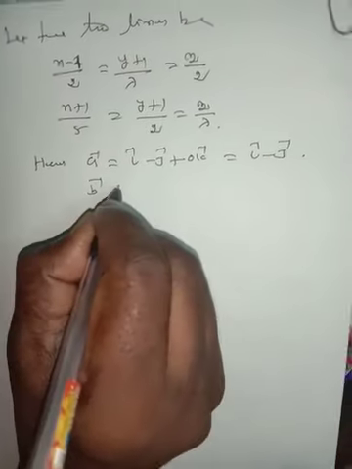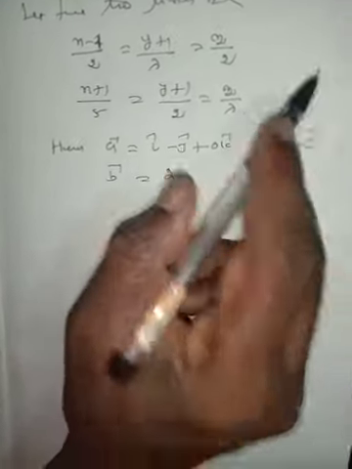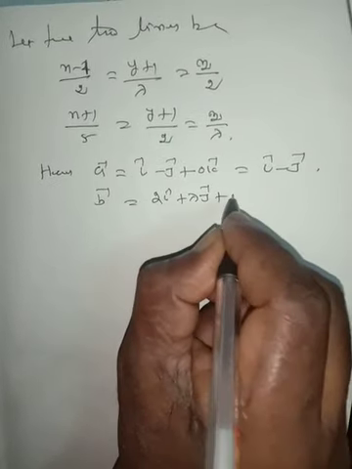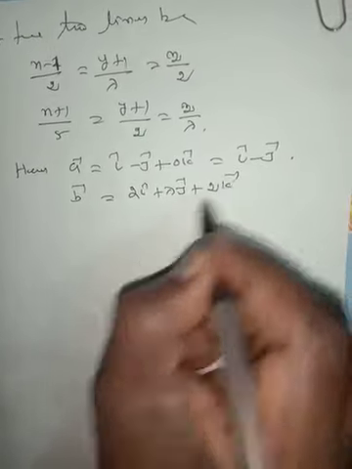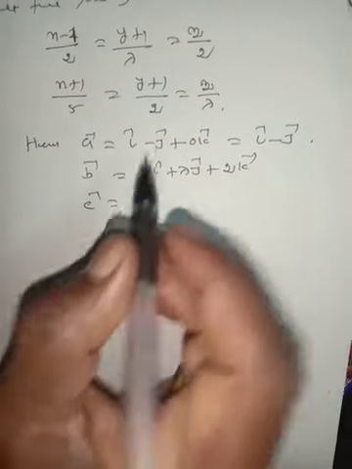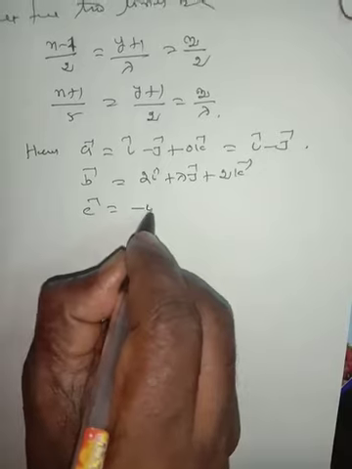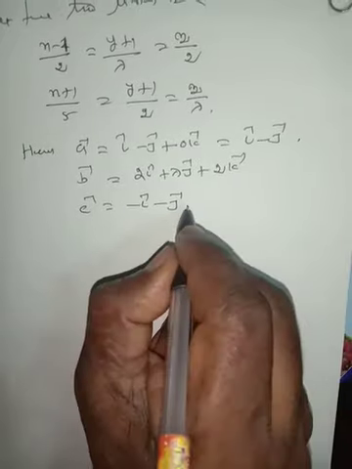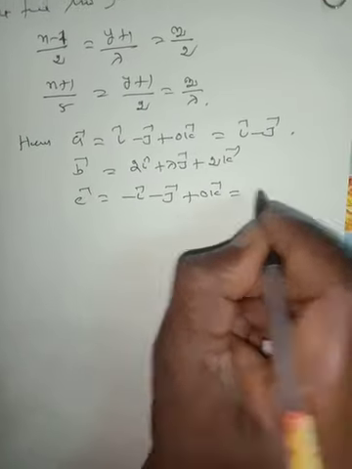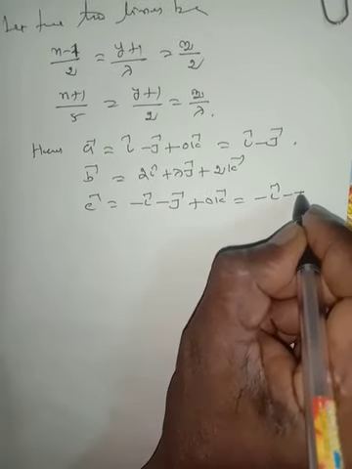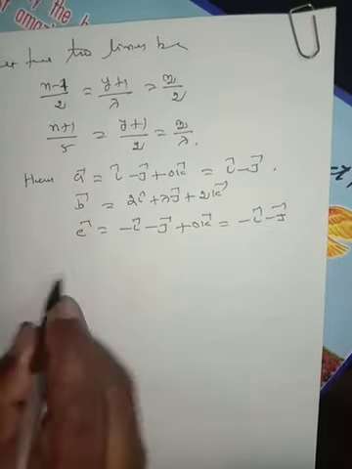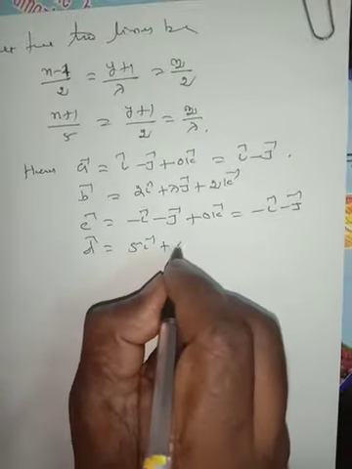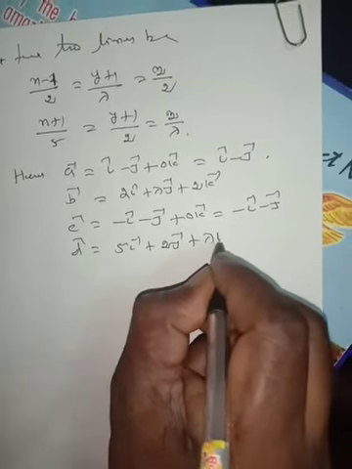Next, b vector is the first line denominator: 2i vector plus lambda j vector plus 2k vector. c vector is the second line numerator: minus i vector minus j vector plus 0k vector. Next, d vector is the second line denominator: 5i vector plus 2j vector plus lambda k vector.